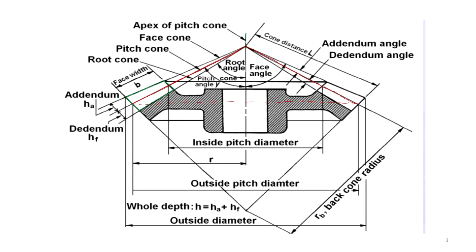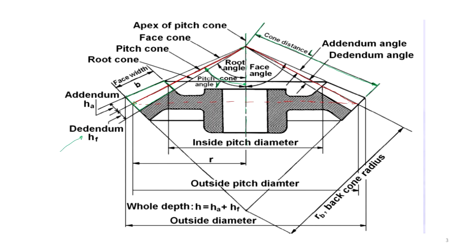The angle between the axis of the shaft and this pitch line, the red line, is called the pitch angle, represented by gamma. These are important parameters which will be used in our problem. This is the cone length. So, pitch angle, cone distance, addendum and dedendum are measured from the big end.